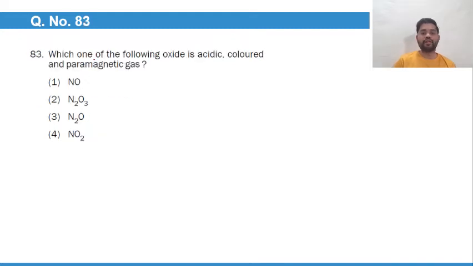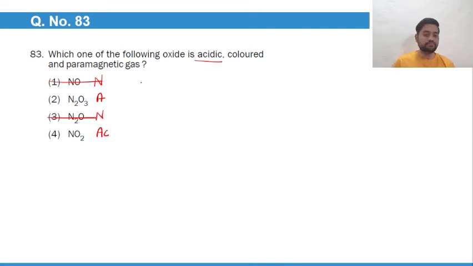83. Which one of the following oxides is acidic, colored and a paramagnetic gas? Okay, so this is neutral, this is acidic, this is neutral and this is acidic. You should know this. What is required is acidic, so this should not be the answer.